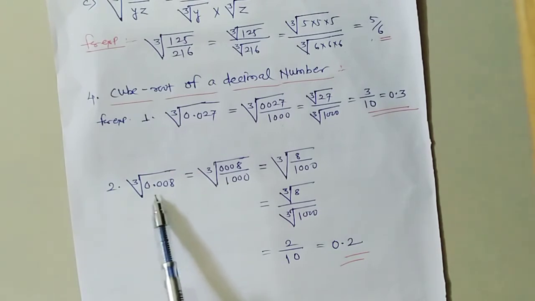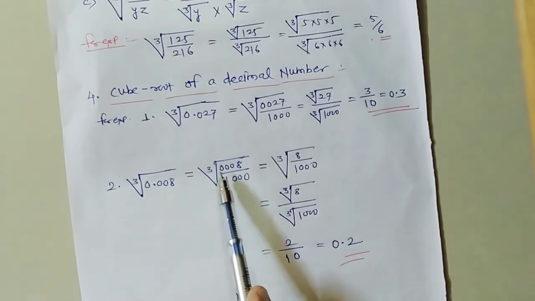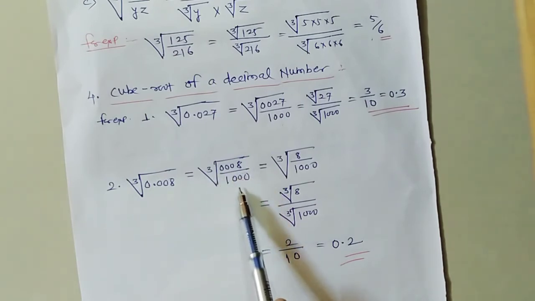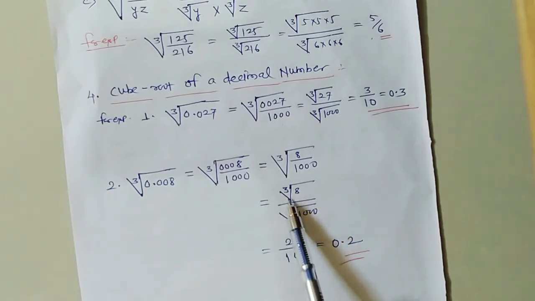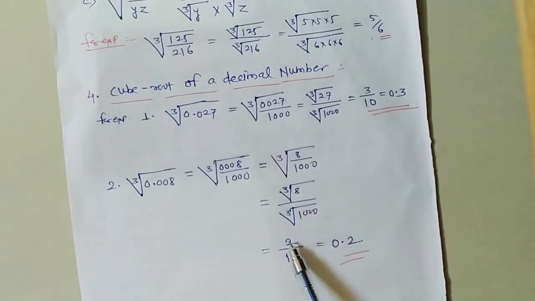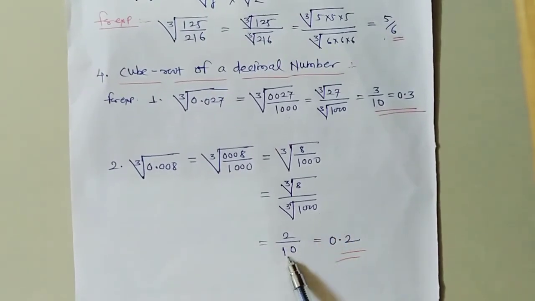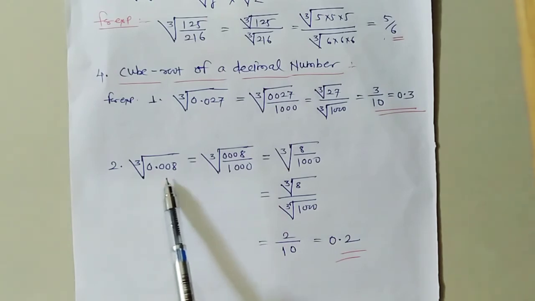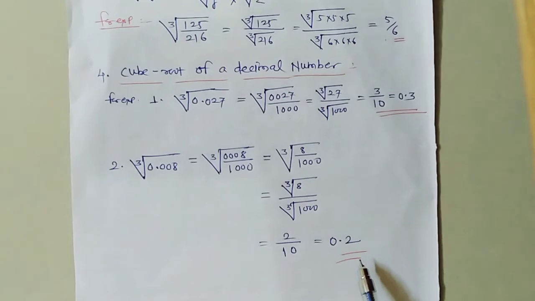You convert this decimal number into a fractional number, which is equal to cube root of 8 divided by 1000, which is equal to cube root of 8 divided by cube root of 1000, we can write. So cube root of 8 is 2 and cube root of 1000 is 10. So 2 divided by 10 is equal to 0.2. So therefore cube root of 0.008 is equal to 0.2.